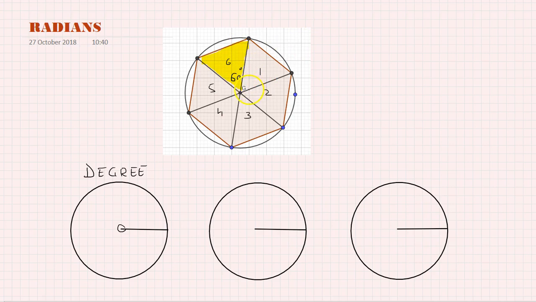So they gave this idea that 60, 60, 60, 60, 60 and 60 makes 360 degree. So that's how the circle got its 360 degree.